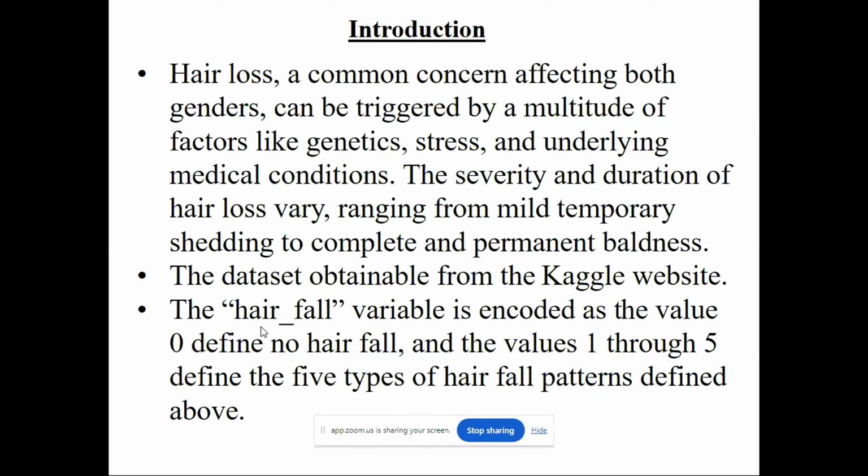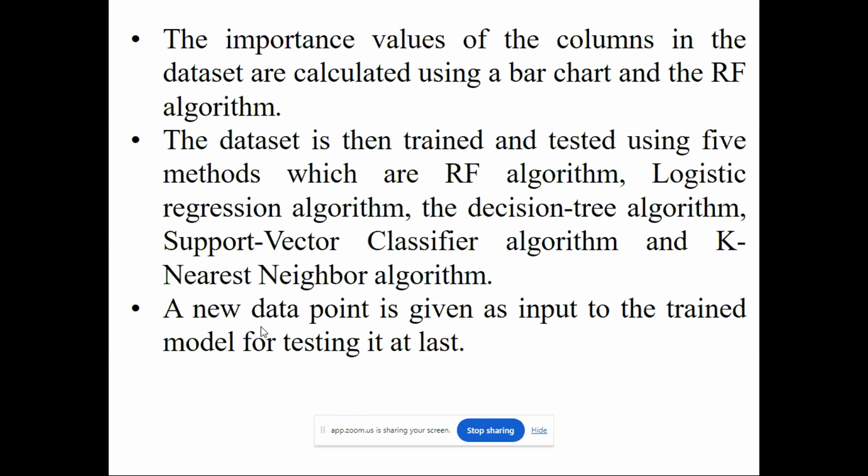that I included in the abstract region. Now the importance values of the columns or the attributes in the data set were calculated using a bar chart and the random forest algorithm.